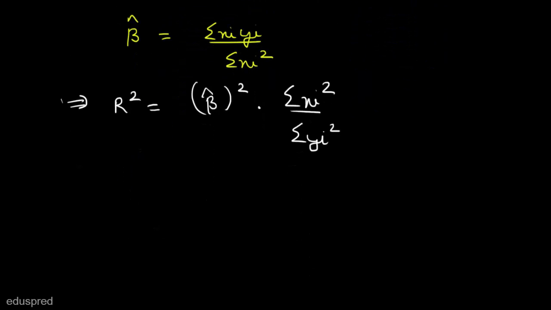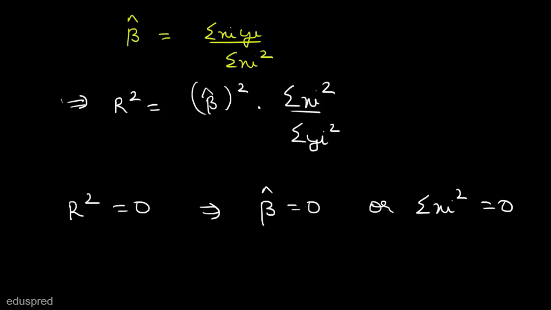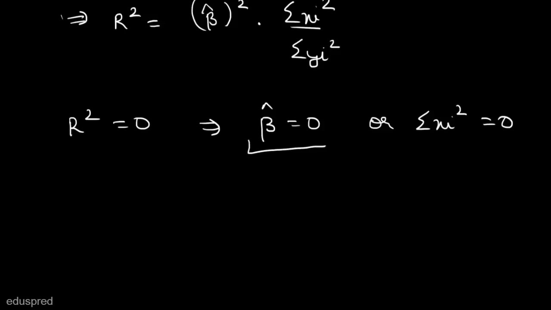Now we are given that estimated r square is equal to 0. So r square equal to 0 implies that either beta hat is equal to 0 or summation xi square is equal to 0. Now it is straightforward that beta hat is equal to 0. Let's see what the other case implies.